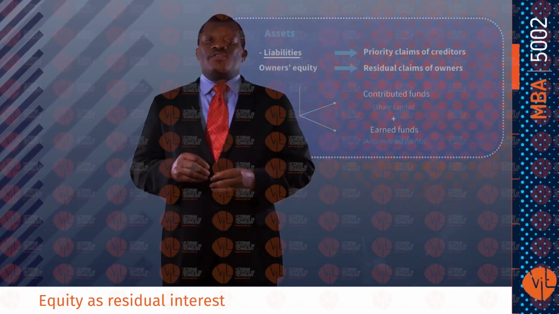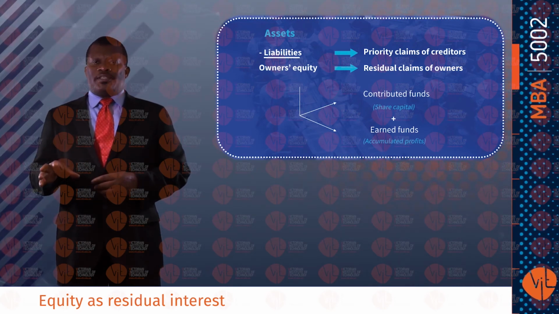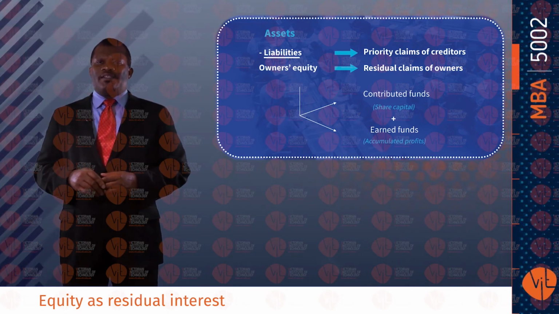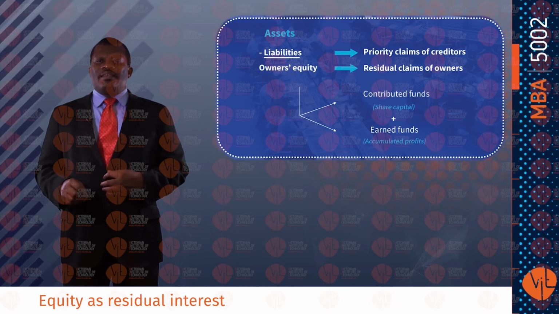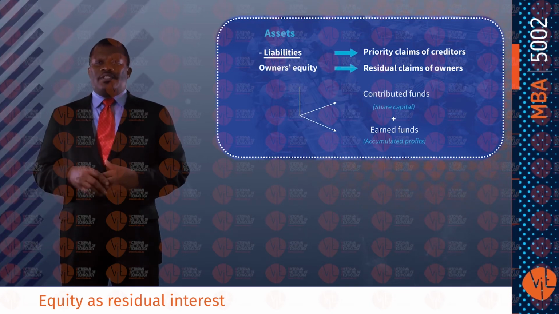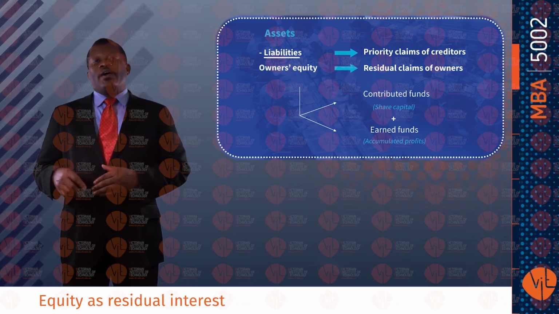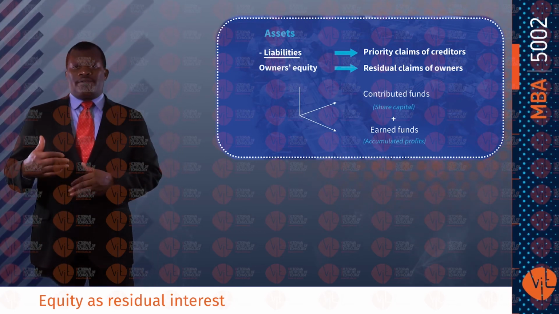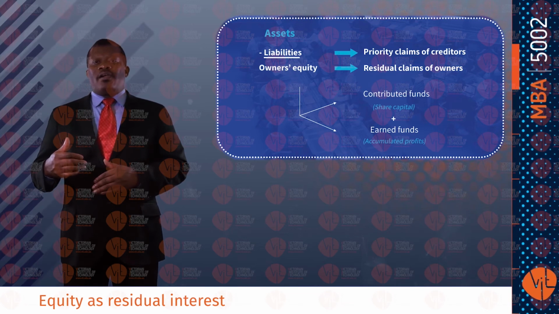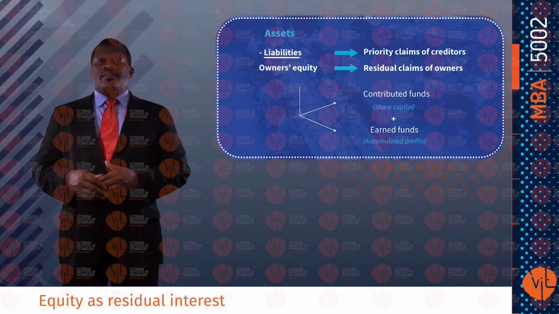Now, the part of the claim attributable to the owners can also be divided into two. We have those that we call share capital or contributed capital. This is what the owners themselves have contributed to the organization, have invested in the organization. And then we have earned capital, like the retained earnings.